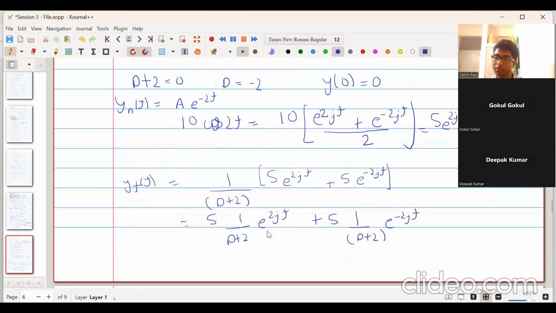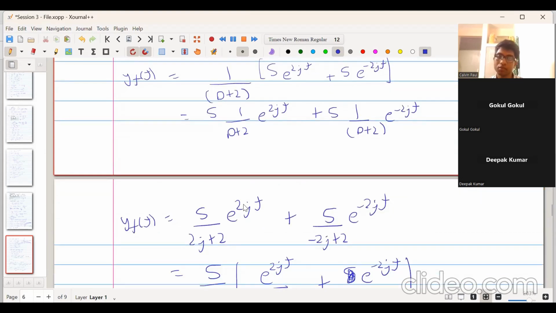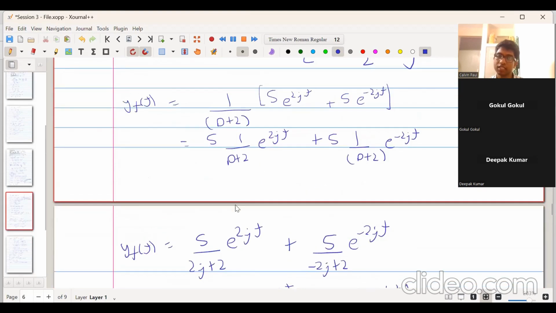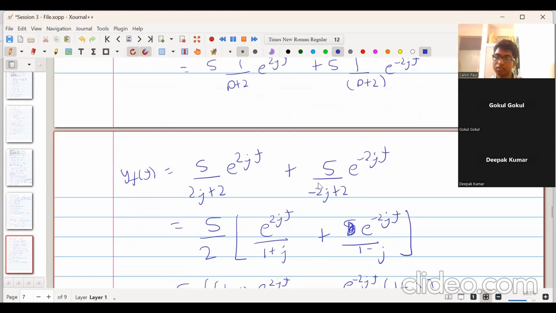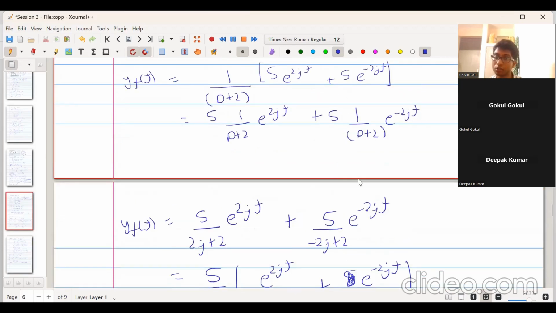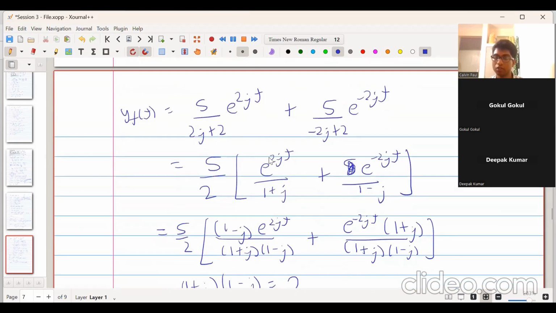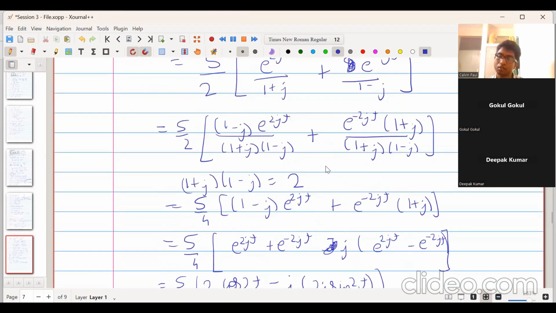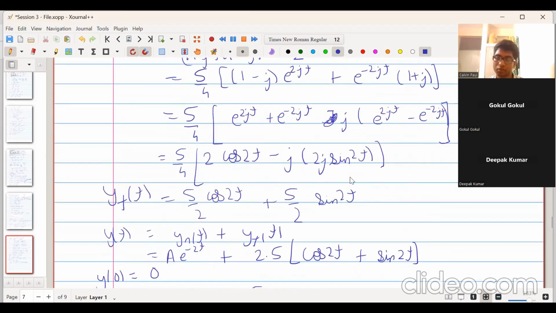So phi into 1 upon d plus 2 into e to the power 2jt plus phi into 1 upon d plus 2 into e to the power minus 2jt. In this case, instead of d, we substitute 2j, and over here, instead of d, we substitute minus 2j. We multiplied by complex conjugates, did simplification, and found it in this format.